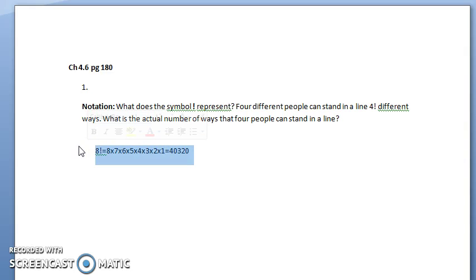So, let's keep that rule in mind, and let's look at the next question, which says 4 different people can stand in a line 4 exclamation point different ways, or 4 factorial symbol different ways. What is the actual number of ways that 4 people can stand in a line?